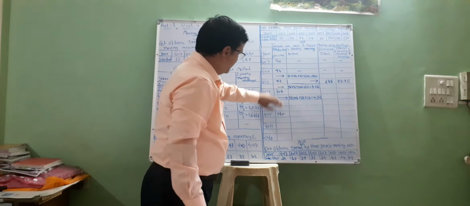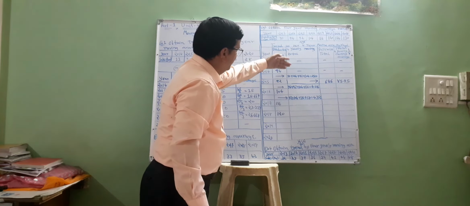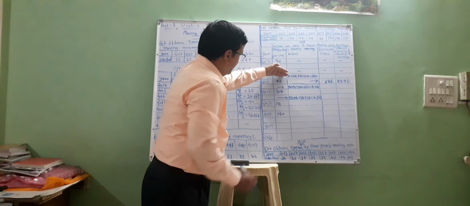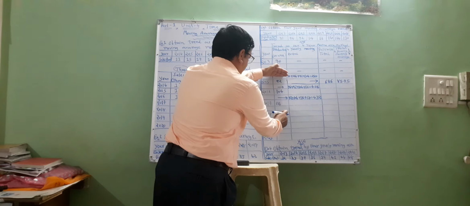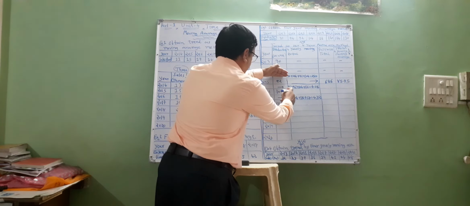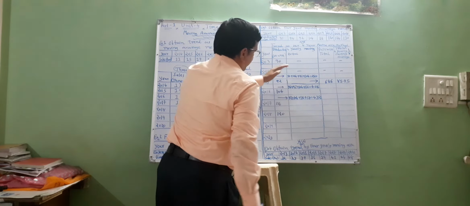Once again, friends, total from lower to upper, 4-yearly total, 430.